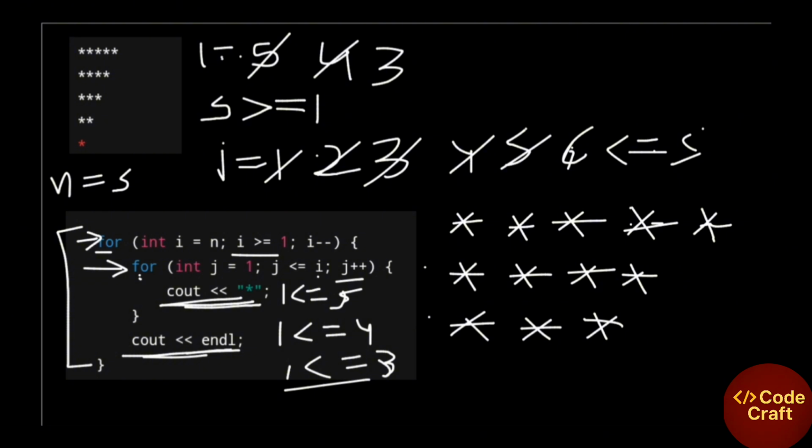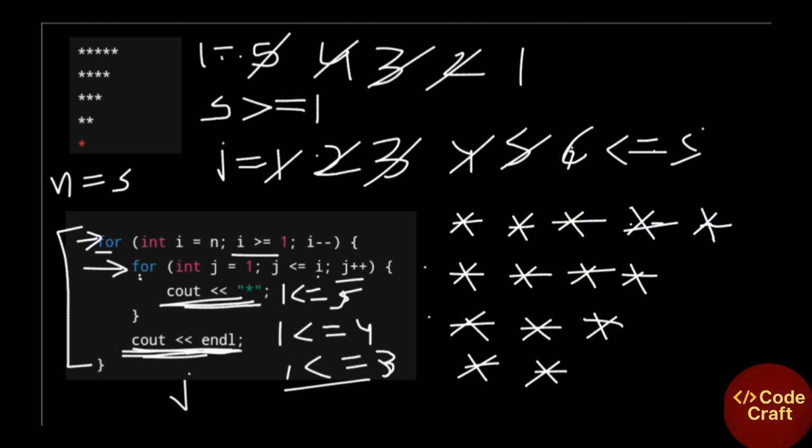After this iteration i becomes 3, and we have 3 stars in the third row. Then i becomes 2, and we have 2 stars in the fourth row. After this i becomes 1, and we have 1 star in the last row.